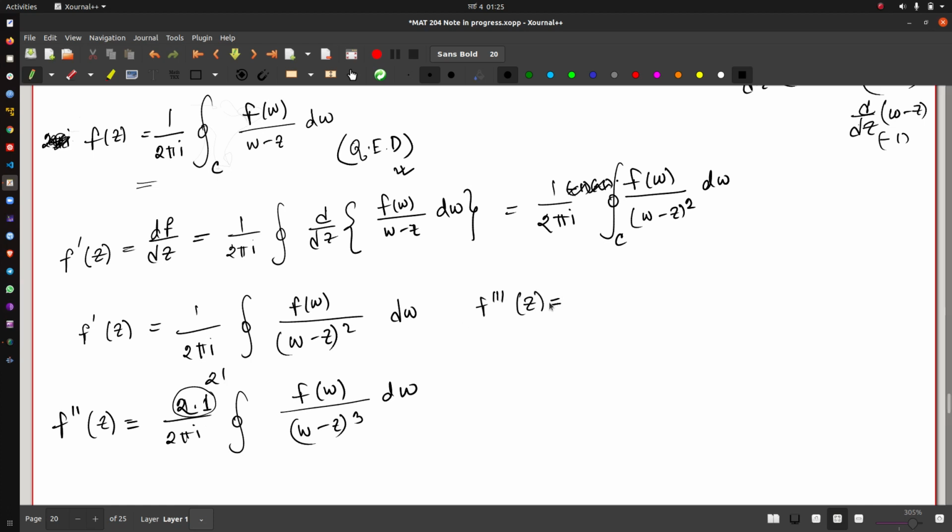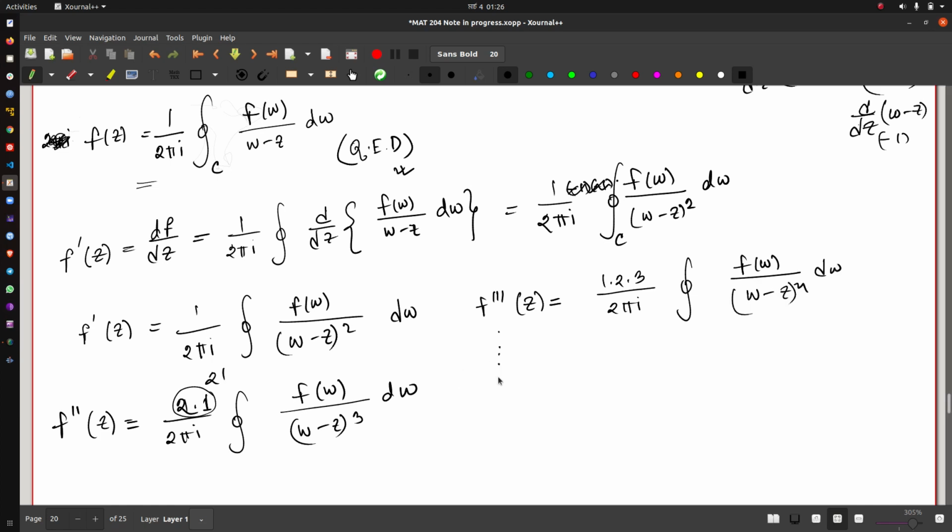If you take the third derivative with respect to z, you will find that there will be a 1 times 2 times 3 divided by 2 pi i, and you will have this f of w over (w minus z)^4 dw.